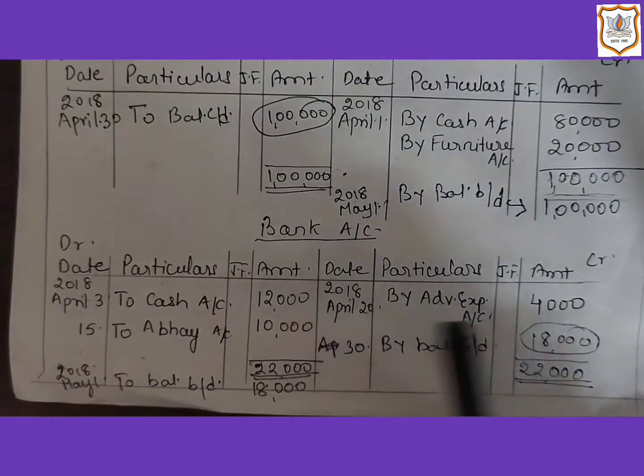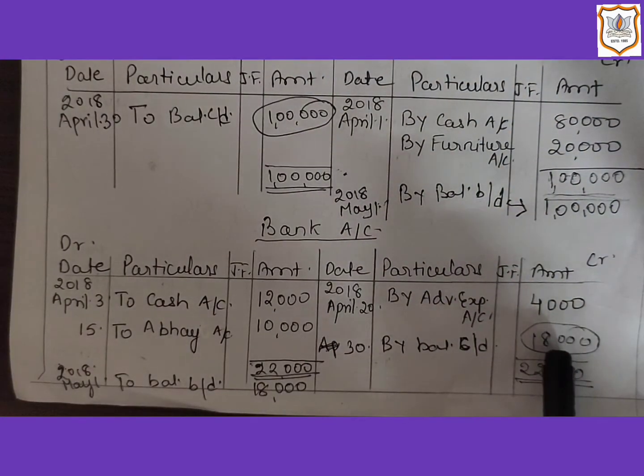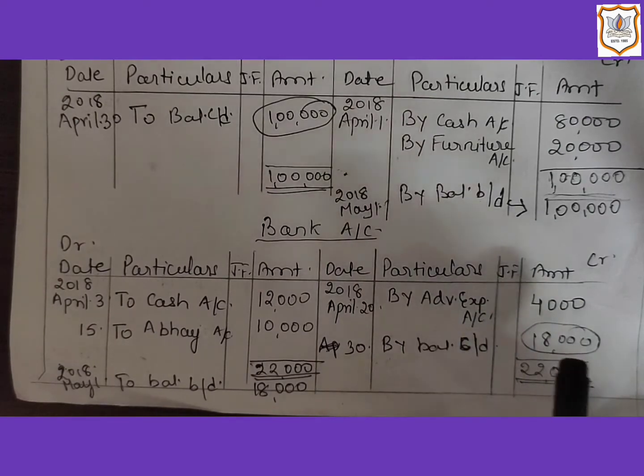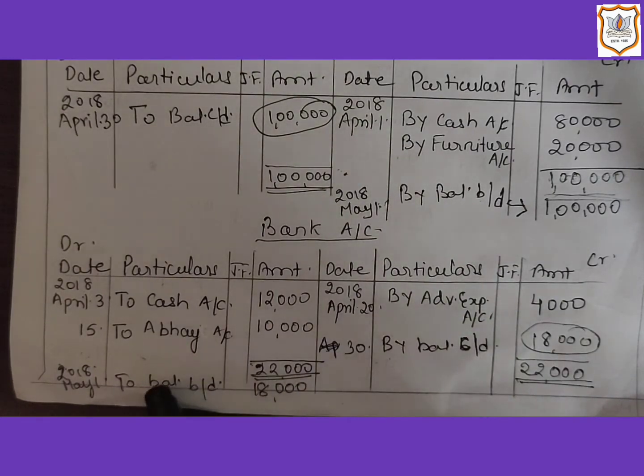So here 22,000 minus 4,000, that comes to 18,000. 18,000 is the closing balance of the bank. So the same will be the opening balance for the next new period, that is "To balance brought down" 18,000, May 1st.